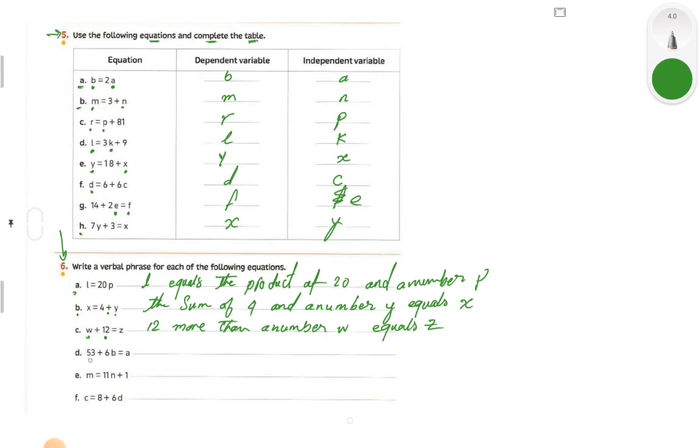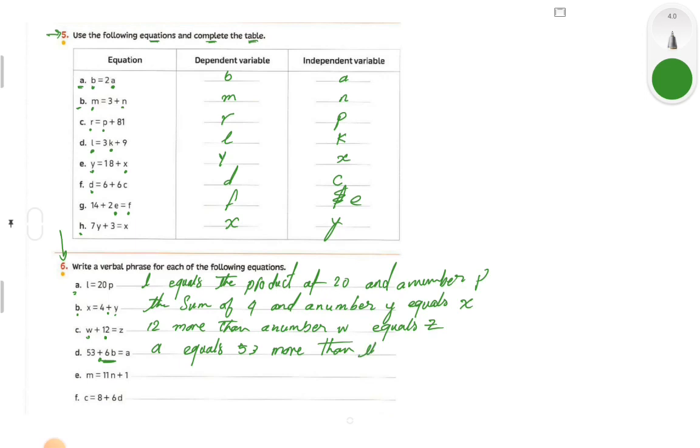Also here we have 53 plus 6b equals a. Now a equals what? Equals 53 more than, because it's a plus, but more than what? 6b. 6b is what?